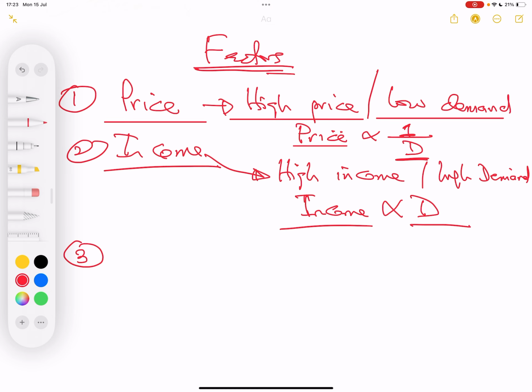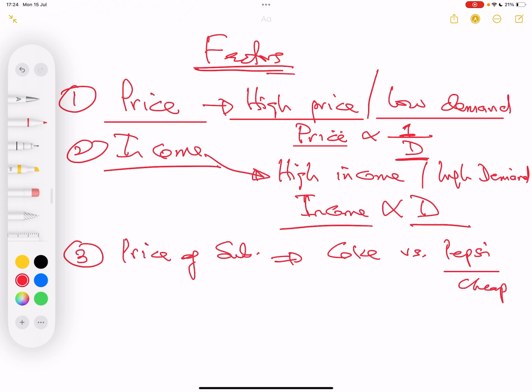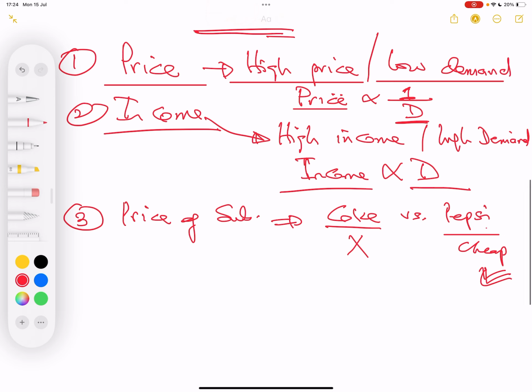Also, another factor you need to take note of is the price of substitutes. Think about Coke, that drink, versus Pepsi. If the price of Pepsi becomes very cheap, what happens to Coke? If Coke does not bring down their price, people will stop buying Coke and buy more of Pepsi. Because Pepsi is a substitute to Coke, the price of the substitute will also affect the demand for Coke.